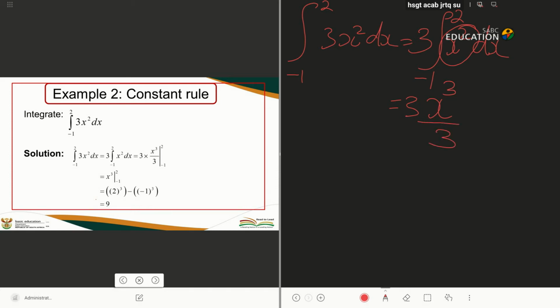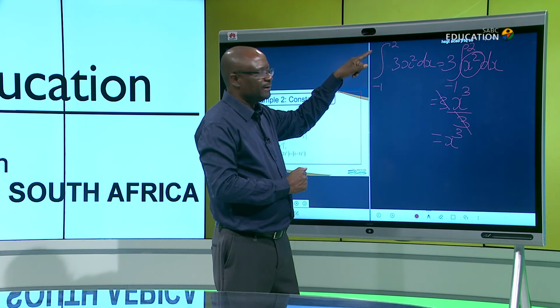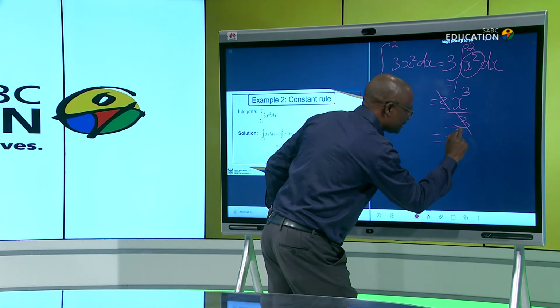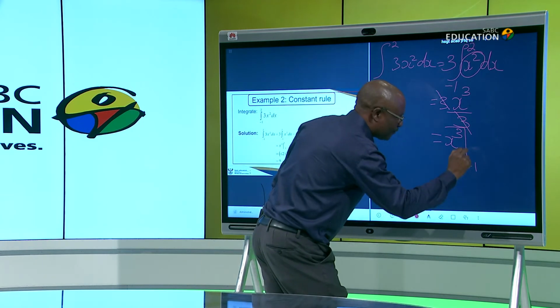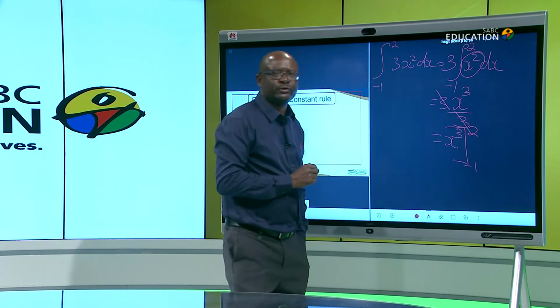Because we are dealing with definite integrals, we no longer add c. If we multiply 3 by x to the exponent of 3 over 3, these cancel each other, and we remain only with x to the exponent of 3, which is the answer for the integral. But we still have to apply the limits, here -1 and here 2.